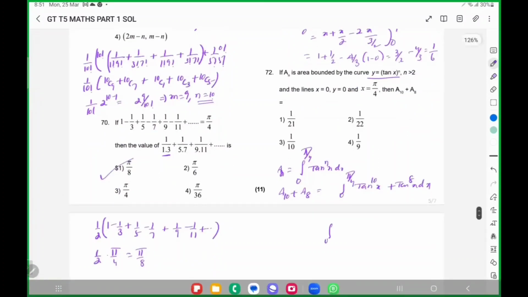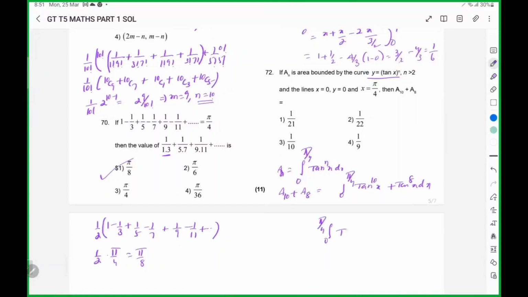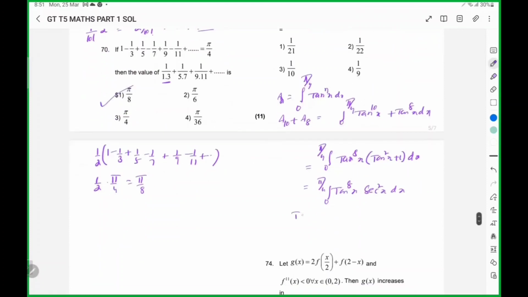Further simplification, 0 to pi by 4 tan power 8x into tan square x plus 1 dx, which is 0 to pi by 4 tan power 8x secant square x dx. Once you take tan x as t, secant square x dx is dt. When x is 0, t is 0, when x is 45, t is 1, t power 9 by 9, which is 1 by 9.